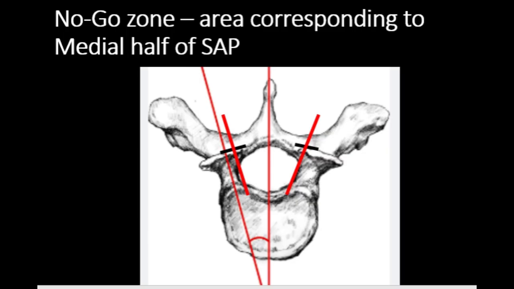So these are unacceptable entry points. So the medial half of the superior articular facet is a no-go zone. The lateral half of the superior articular facet has to be the entry point.